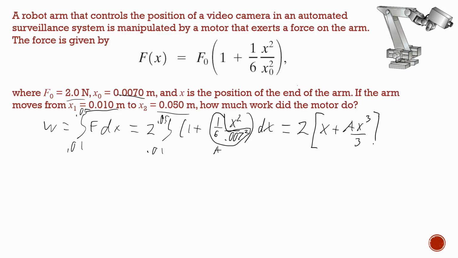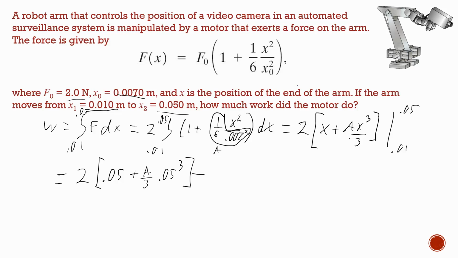And then we evaluate that from 0.01 to 0.05. For some of you that might be a little rusty on evaluating integrals, so you plug in this value here for all of your x's: 0.05 plus a over 3 times 0.05 cubed.